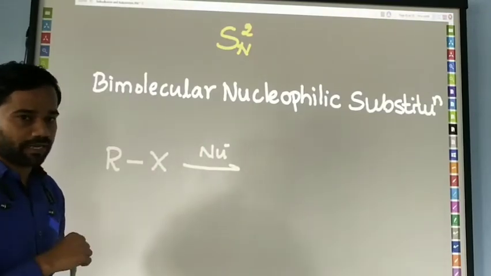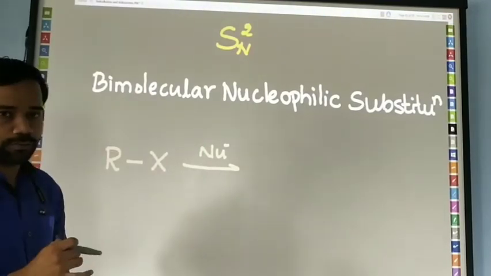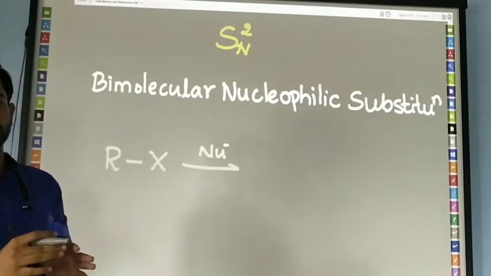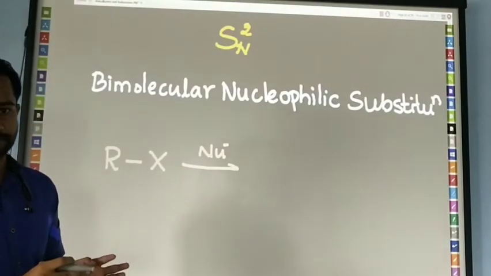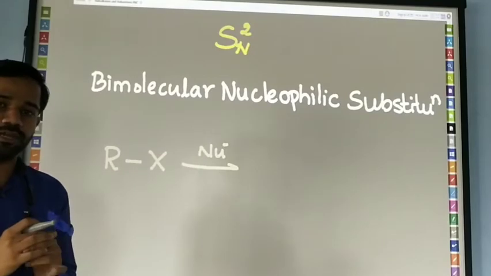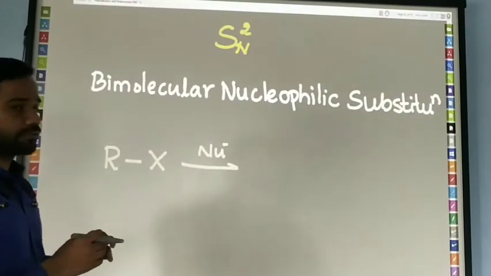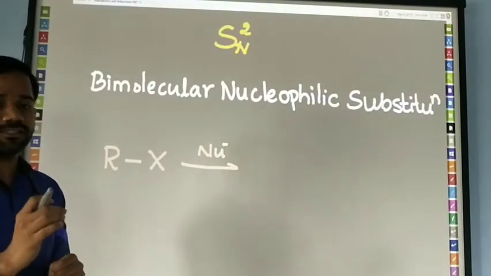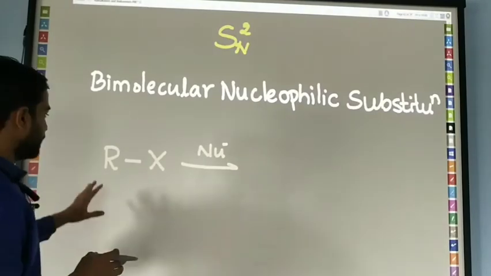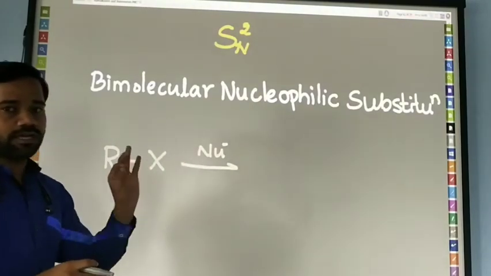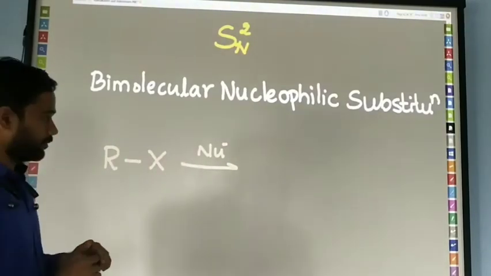But in the case of the SN2 mechanism, there will be no formation of any intermediate. Instead of the intermediate, in the SN2 mechanism, there is a formation of a transition state, and it also follows the concerted mechanism.